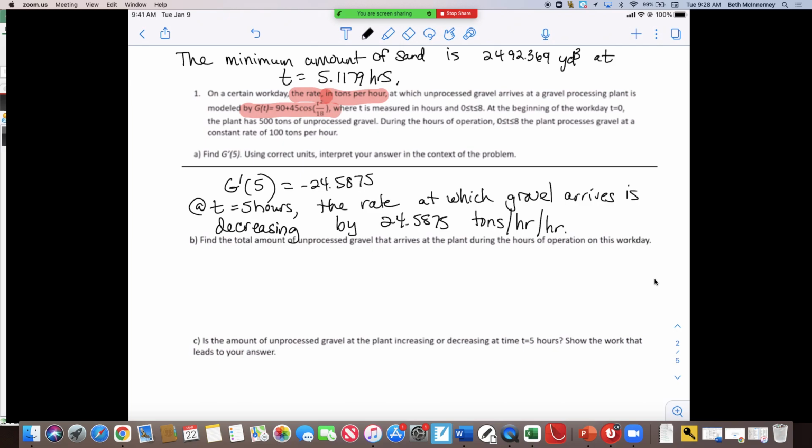All right, I'm going to pause a moment, and I want to see if you can come up with part B based on what we did initially on that first problem. It says find the total amount of unprocessed gravel that arrives at the plant during the hours of operation on this workday. So it's only asking me about arrives. So see if you can set this one up, and then you are going to use a calculator to do this.